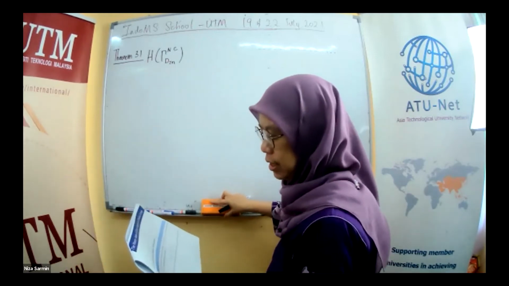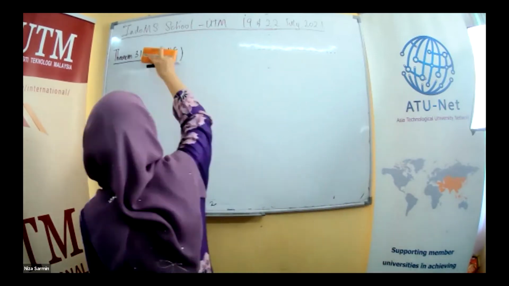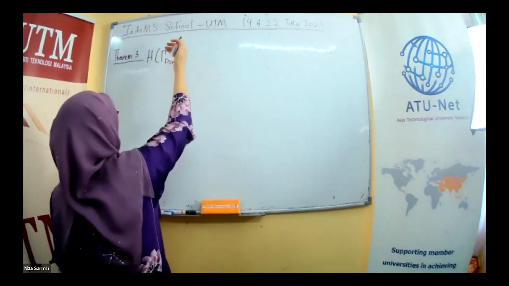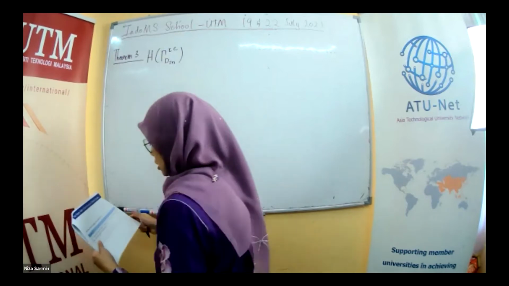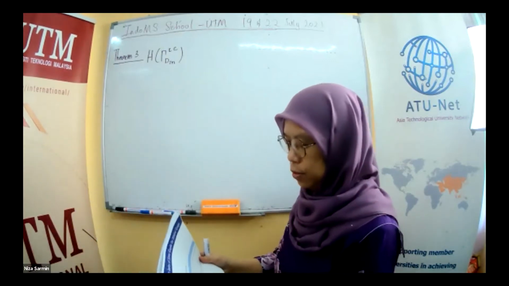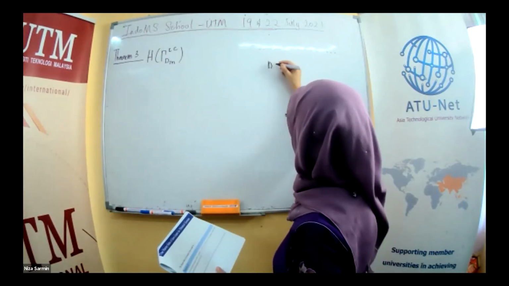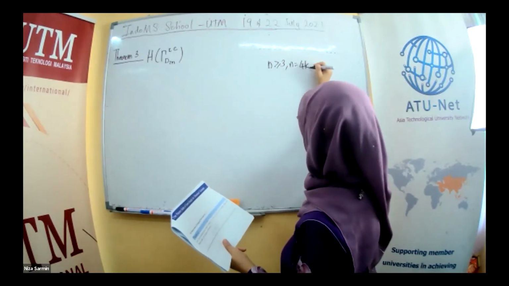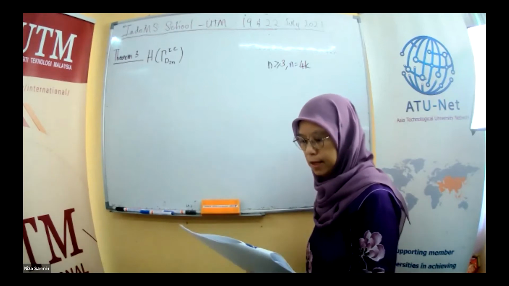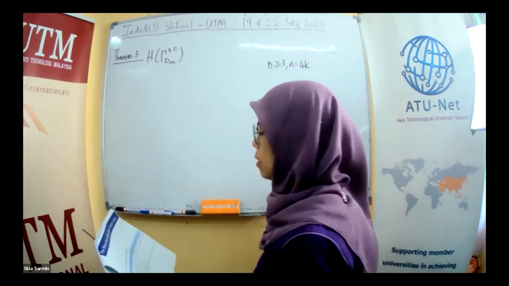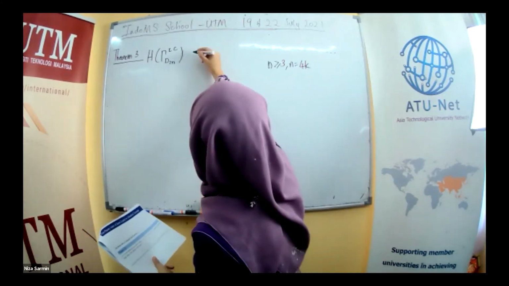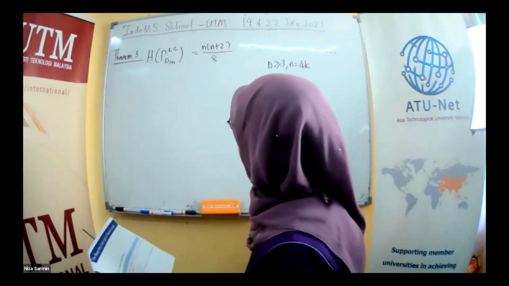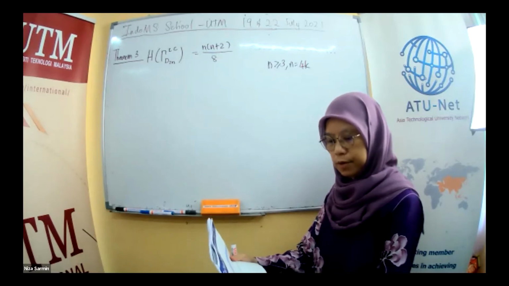Okay. Now, the next theorem is the conjugacy class graph. The conjugacy class graph when n is bigger or equal to 3 and is 4k, then we have this is equal to (n plus 2) over 8, right?